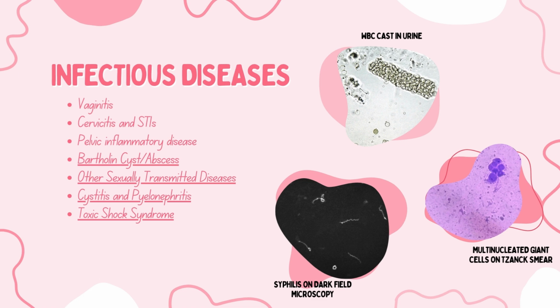Etiologies, the most common is E. coli. Other uropathogens are common, and the second most common in sexually active women is Staphylococcus saprophyticus. Clinical manifestations. Irritative symptoms include dysuria, frequency, urgency, hematuria, and suprapubic pain may also be seen.